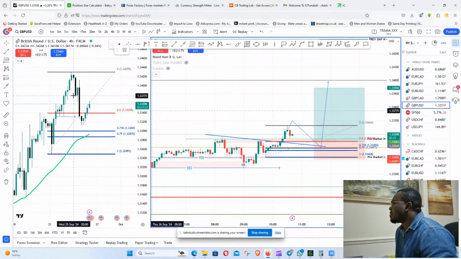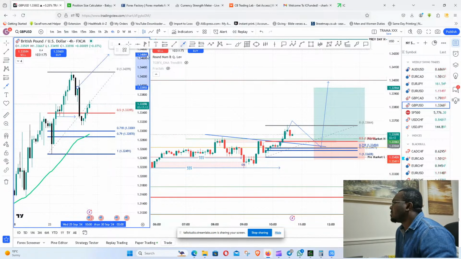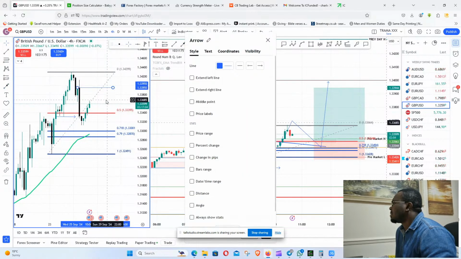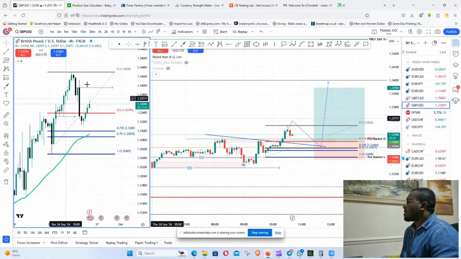This will be where the order block will start, but I believe price will go higher than that to tap into the tip of it. That's my target. So I'm expecting price to get there.